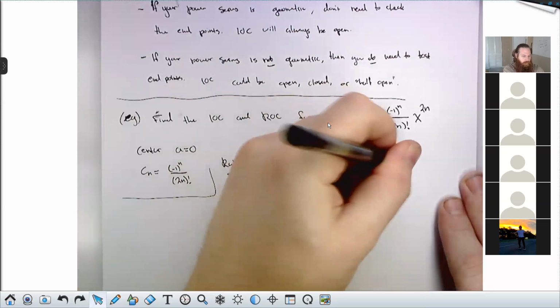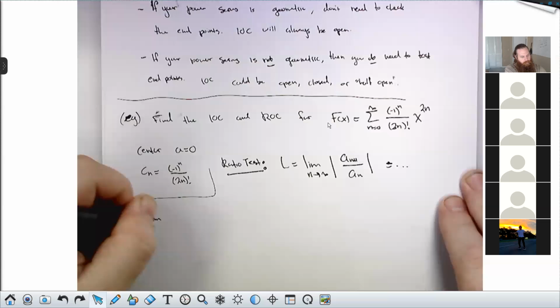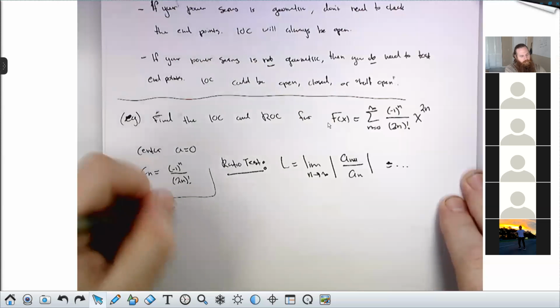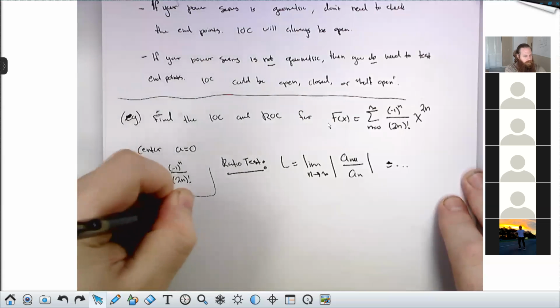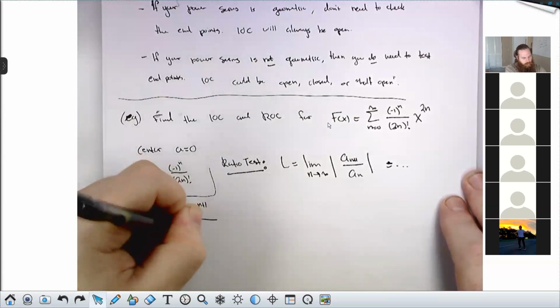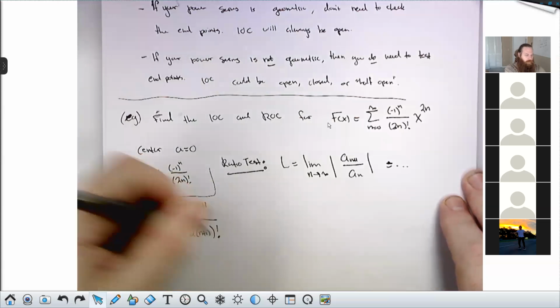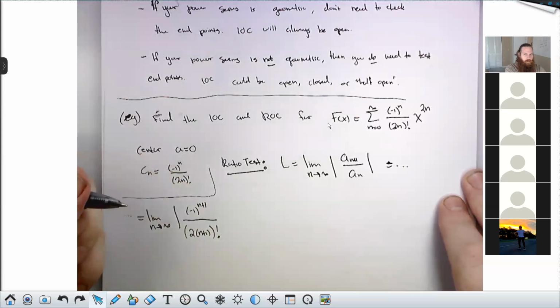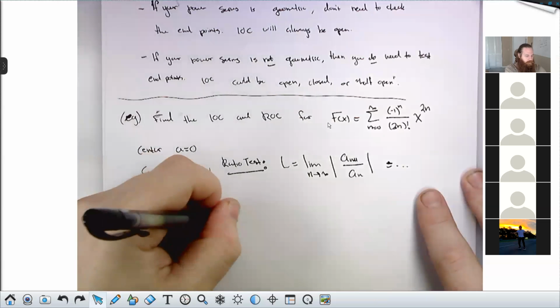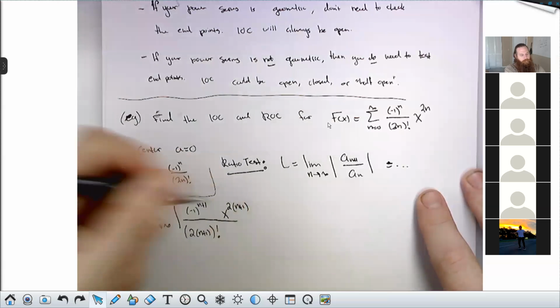This is, I'll continue it down here, equal to the limit, n goes to infinity, absolute value of -1 to the n plus 1 over 2 parentheses n plus 1 close paren factorial times x to the 2 paren n plus 1.